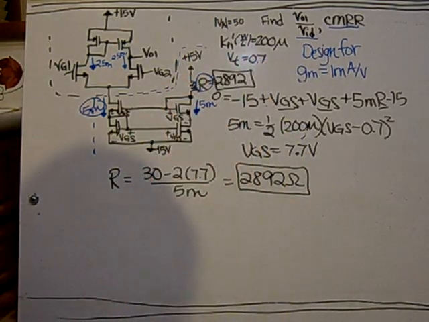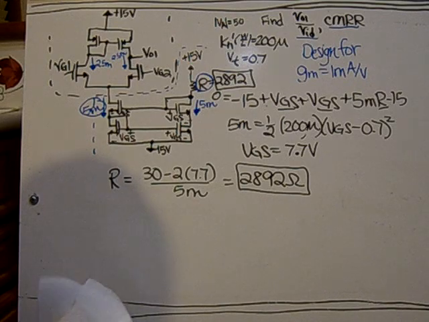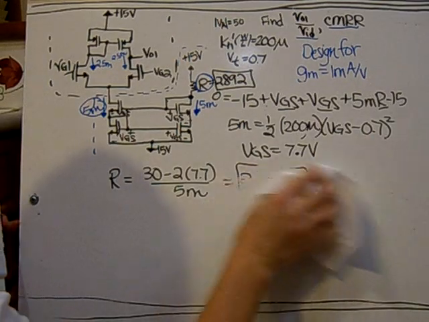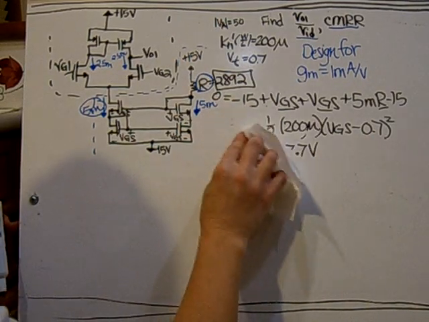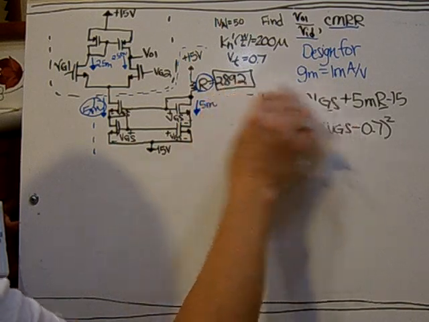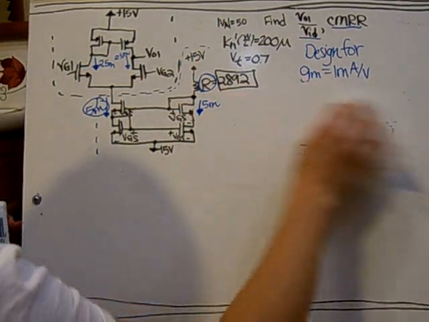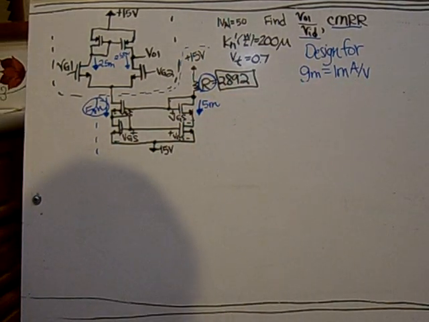So 2892 will set that current to be 5 milliamps, which is what we need to have the transistors have a GM of 1 milliamp per volt.